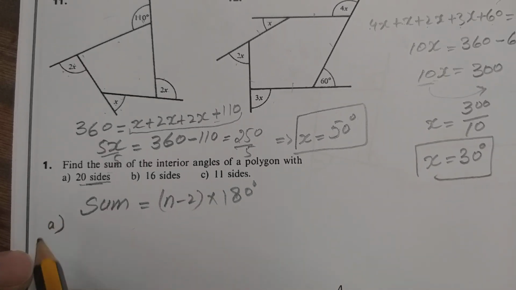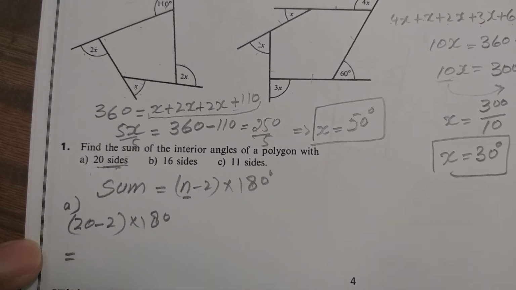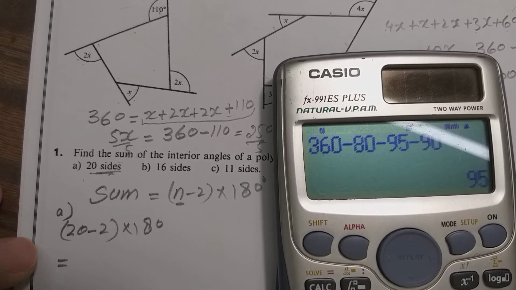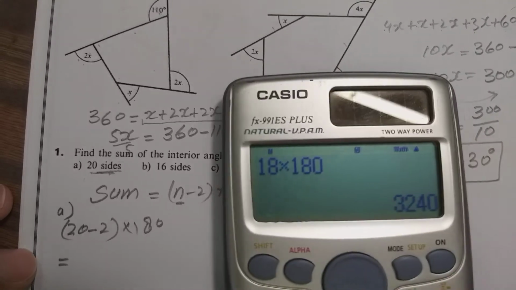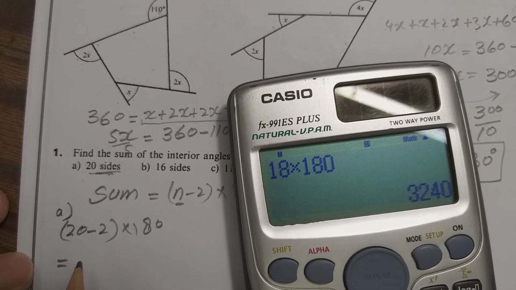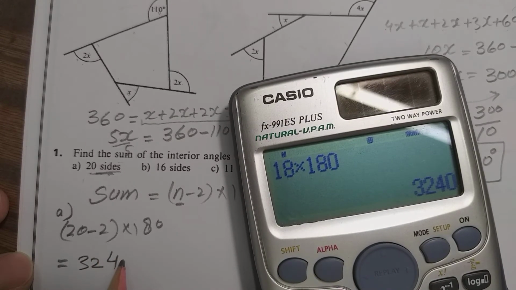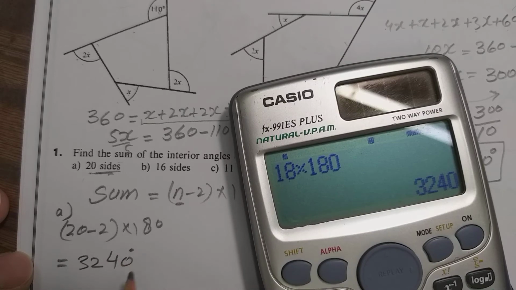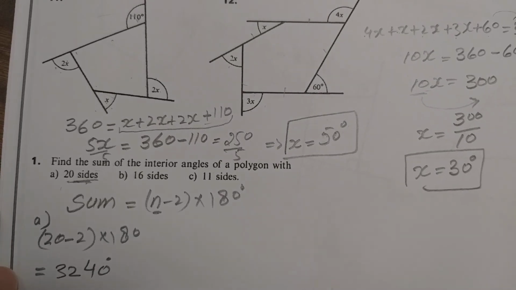For the first part A, the sides are 20, so 20 minus 2 times 180. 20 minus 2 equals 18, so 18 times 180 gives us 3240 degrees. This is the total of angles in a 20-sided figure.